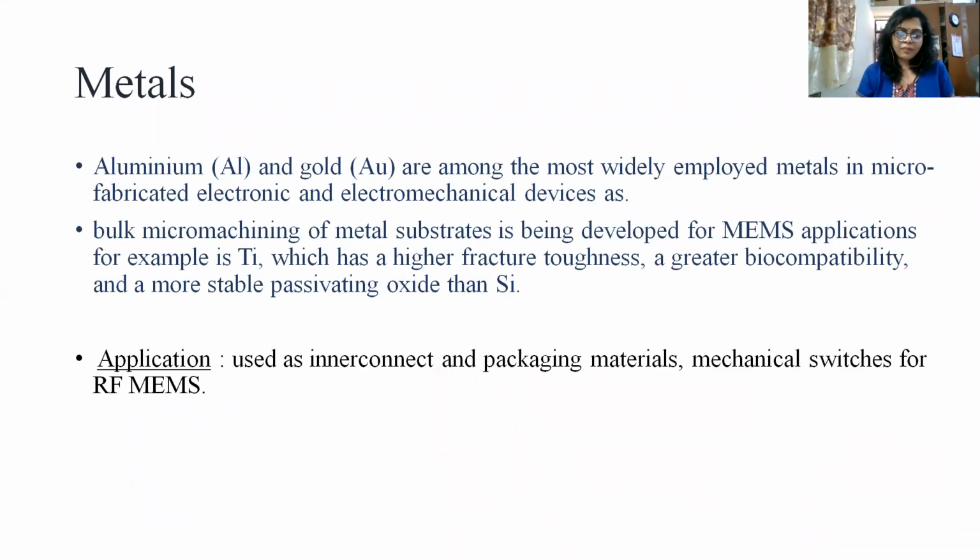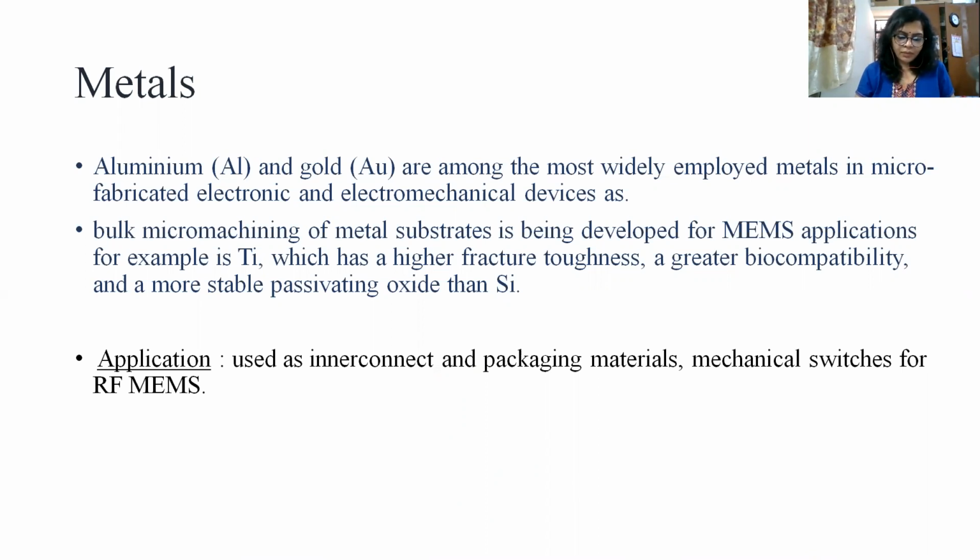A wide range of metals are used in MEMS; that is out of scope. I am discussing selected metals. Aluminium and gold are extensively used metals in microfabrication, electronics, and electromechanical devices as interconnects and packaging material.